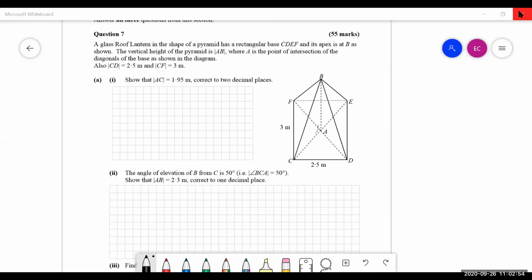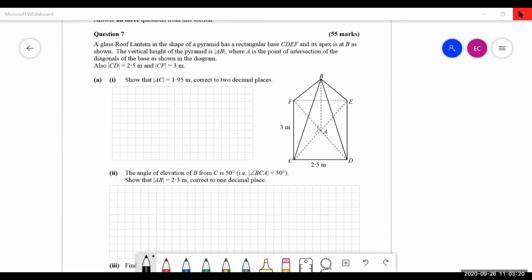So the vertical line of the pyramid is AB, where A is the point of intersection of the diagonals of the base as shown in the diagram. Now this is going to be very important in the first part of the problem solving. We've got two diagonals intersecting, and basically the diagonal lines are going to be divided in half there.